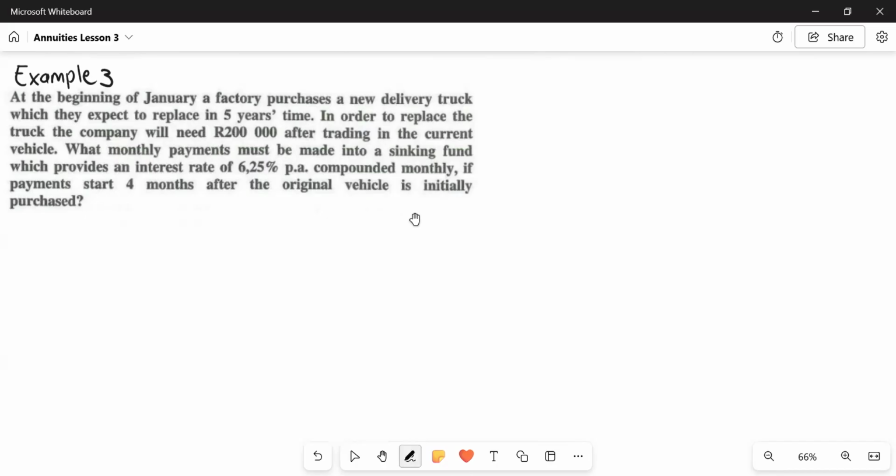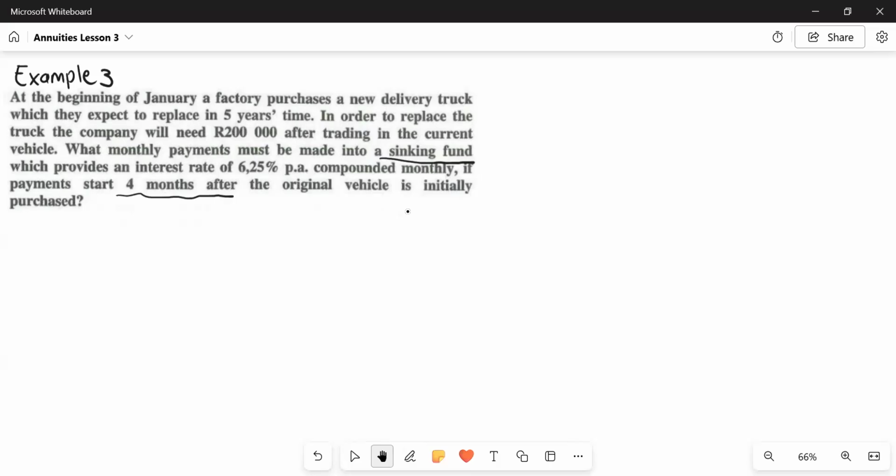And this is about a sinking fund, right? So now, in a normal sinking fund calculation, the first payment is made 1 month after the purchase of the vehicle, usually. But here, they are saying the payment was made 4 months after. So which means they've skipped 3 payments.